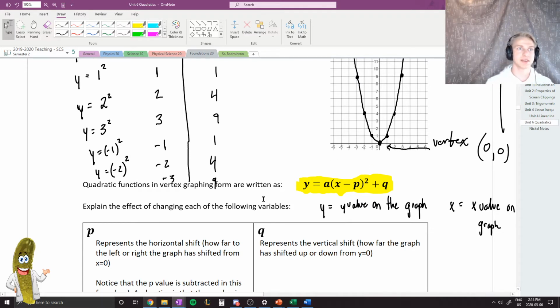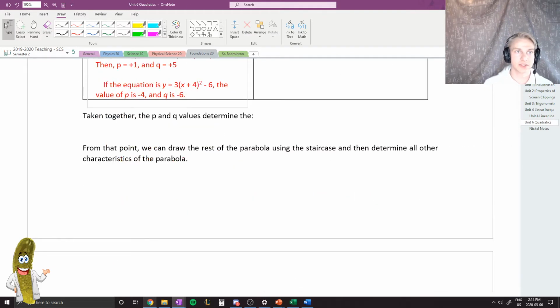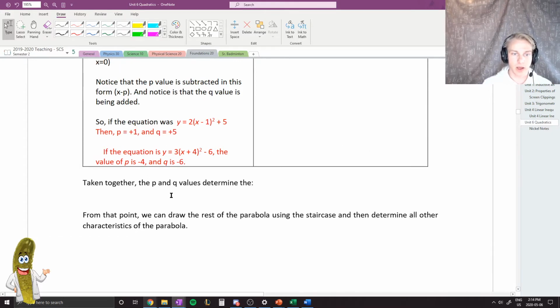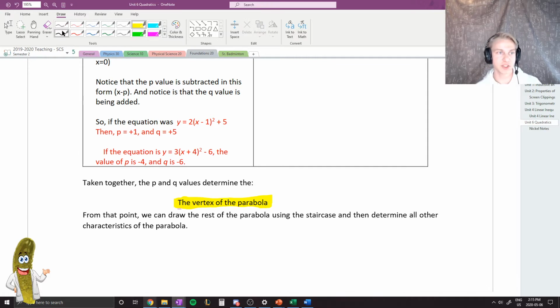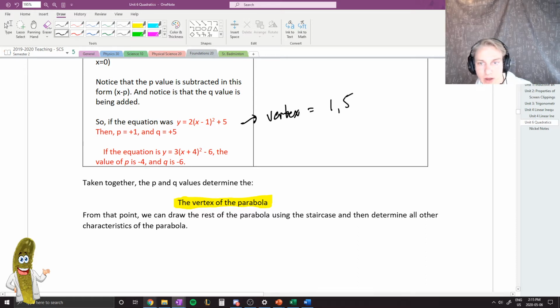So I guess the basic thing that we want to determine from that little equation there, taken together, is that the p and q values determine the vertex of the parabola. The values of p and q determine the vertex of the parabola. So in this first sample equation that we looked at here, the vertex would be 1, 5.